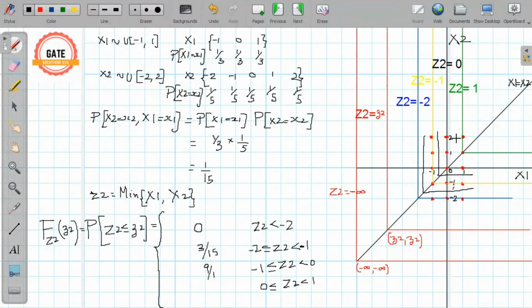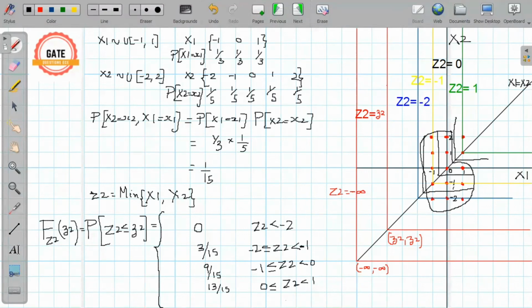For any such boundary we can draw here, we can see there are these points lying to the left of this boundary. These are 13 points. The sum of the joint probabilities of these 13 points is 13/15.